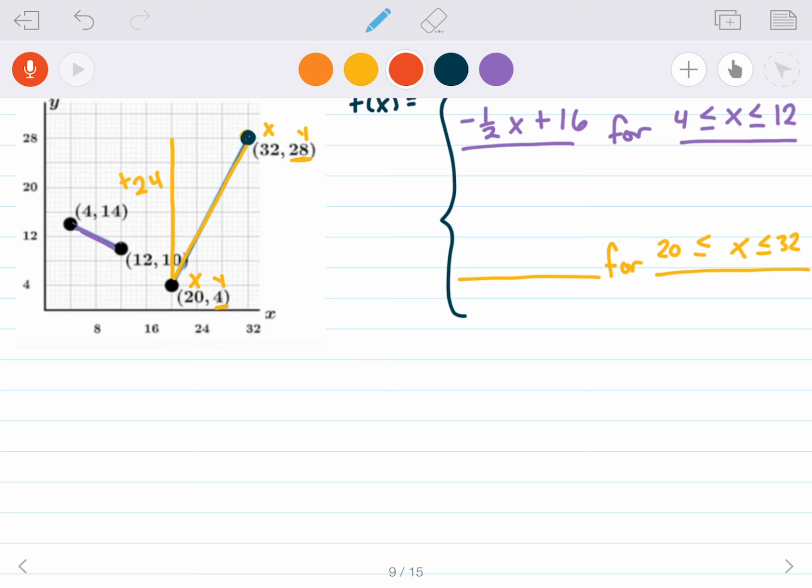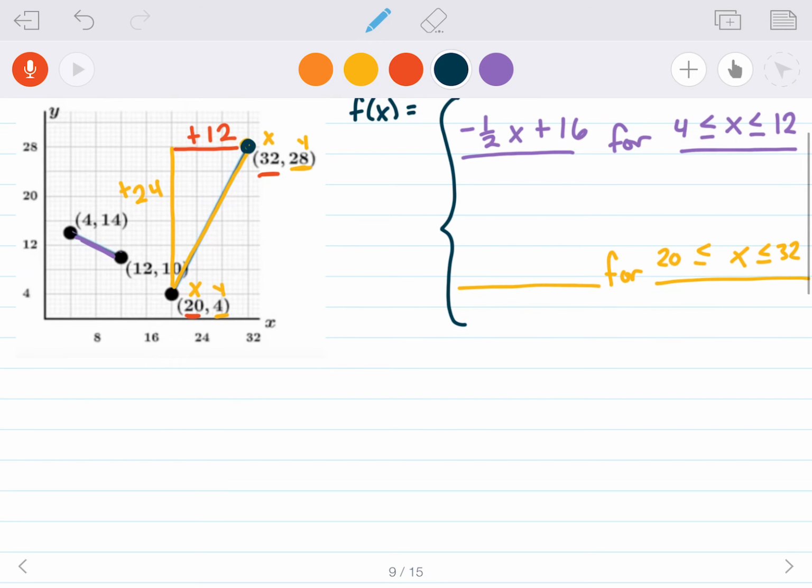And then I start at x equals 20, and I move over to x equals 32, and the difference in that is 12. I'm increasing by 12 to get from 20 to 32.